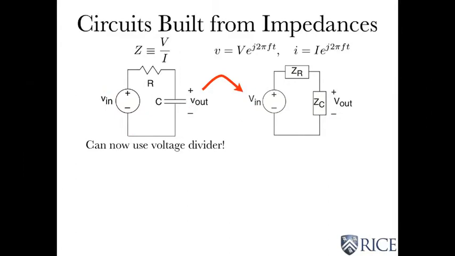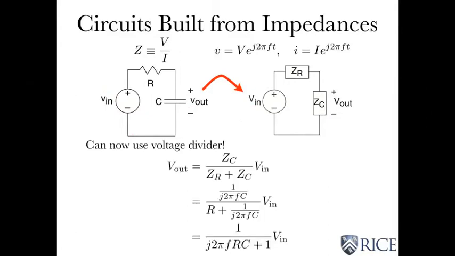Well, now that everything's a resistor, we can use voltage divider. What could be simpler? Instead of resistor values, we're going to use impedance values in our voltage divider. So voltage divider says that the output voltage is equal to the impedance of the capacitor divided by the sum of the impedances of the resistor and the capacitor, just like we had before with resistors.